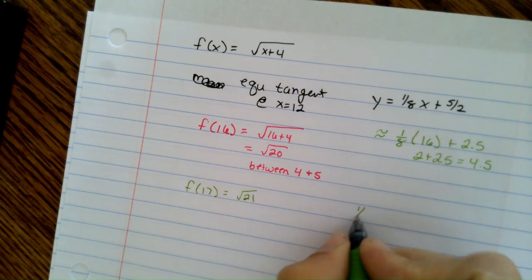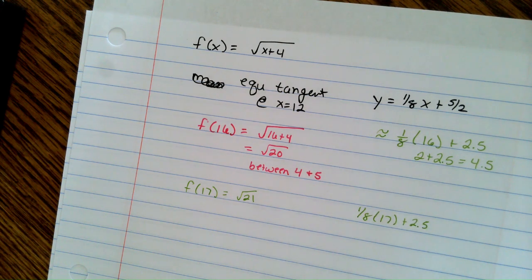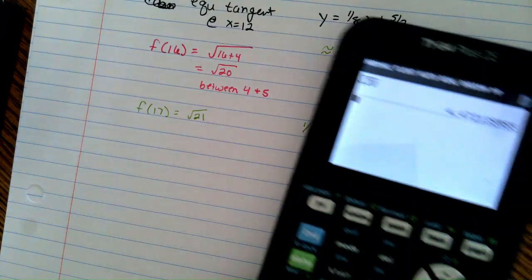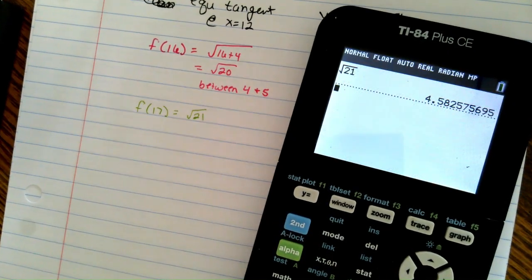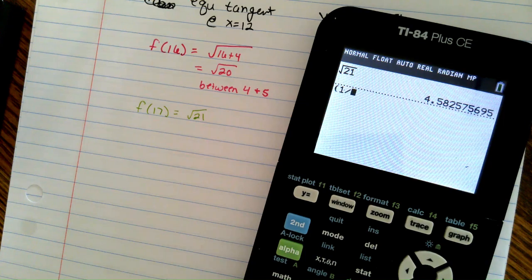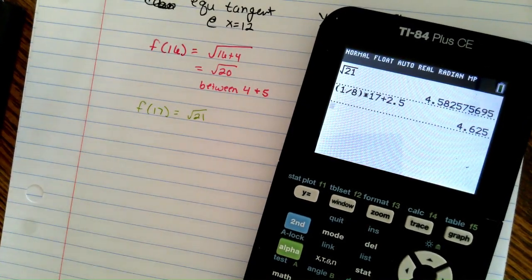Over here, we'd have 1/8 times 17 plus 2.5. Let's check to see if they're close. Here's root 21. 1/8 times 17 plus 2.5. They're both around 4.6. They're not too far off.